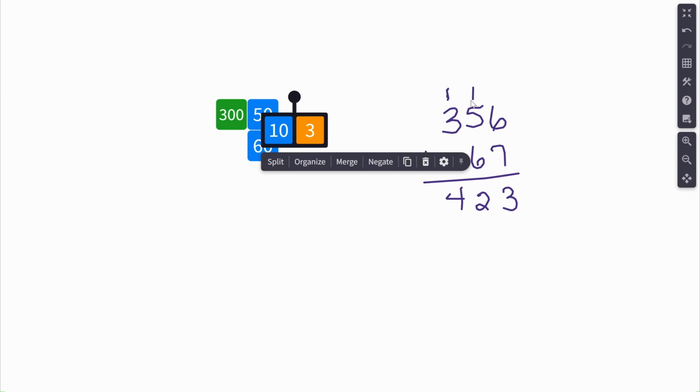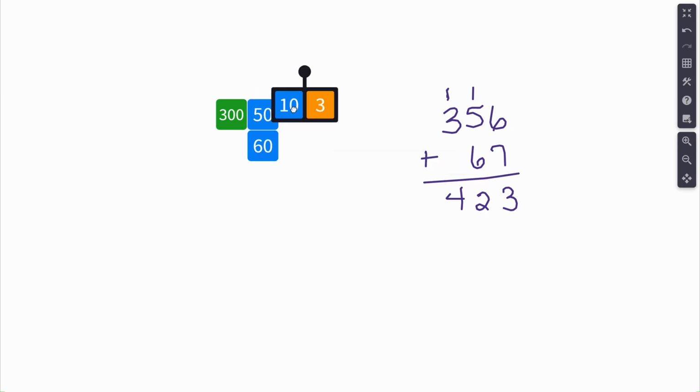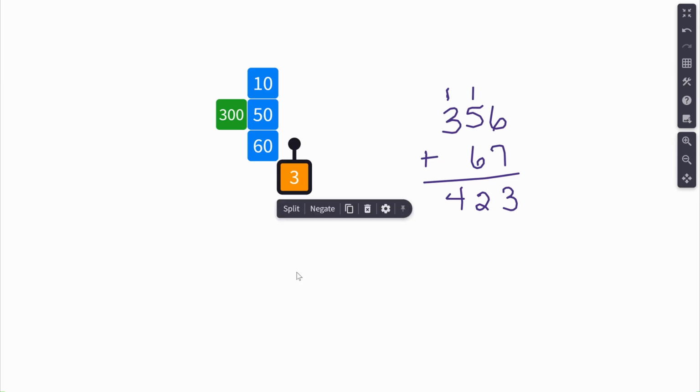And here we see this 3 and that 10. I regroup from being a group of 6 plus a group of 7 into a group of 10 and a group of 3. So I have my 3. I'm going to take the 10. I'm going to line it up with the tens place, just like I did before. My 3 goes down here where, say, answers might go.